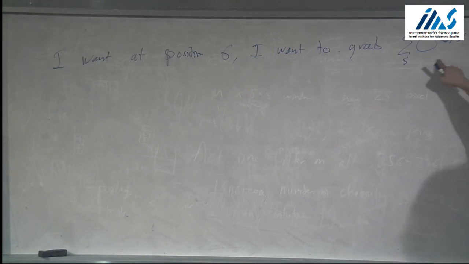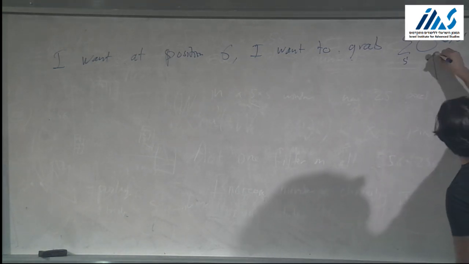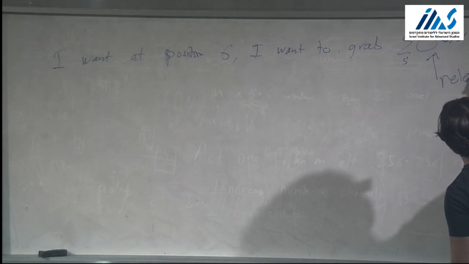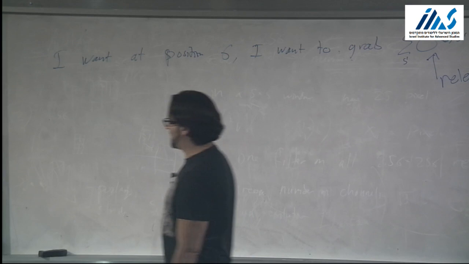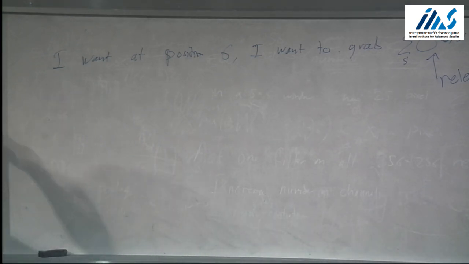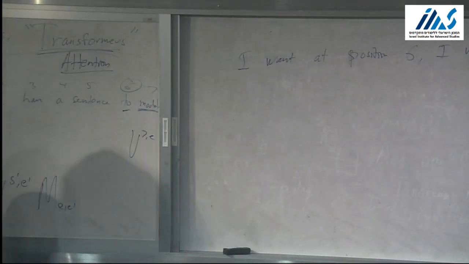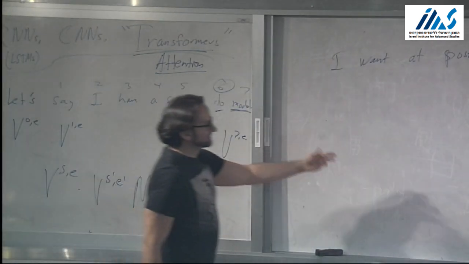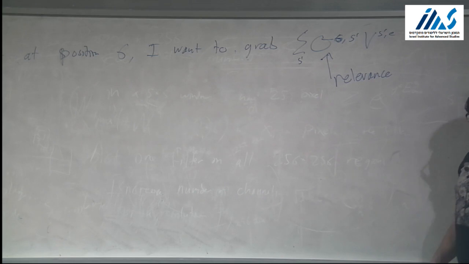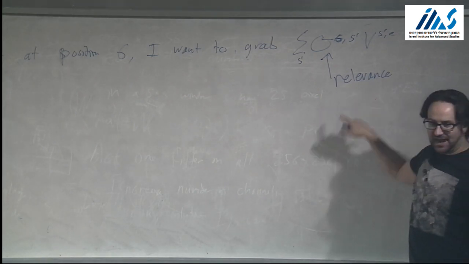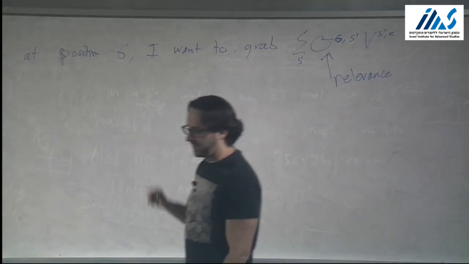And I want this to be telling me relevance, right? So when I'm at the location of 2, trying to figure out what I'm going to say for model, I'm at 2 because I predict the next word. I'd like to somehow grab a linear combination of all of the other V's, weighted by how relevant they are to what I think I need to do next.